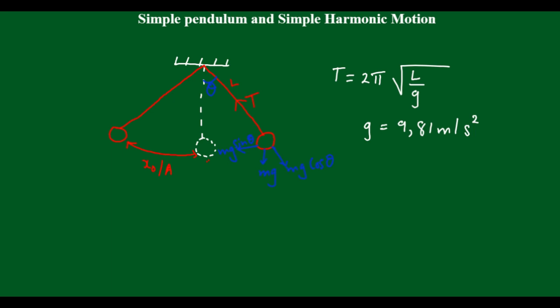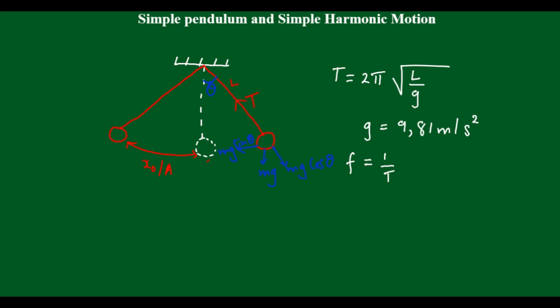And we can also be asked to calculate the frequency. The frequency is the number of complete oscillations per unit time. So the units can be revolutions per second or hertz. This is 1 over T, but T we already know how to calculate.